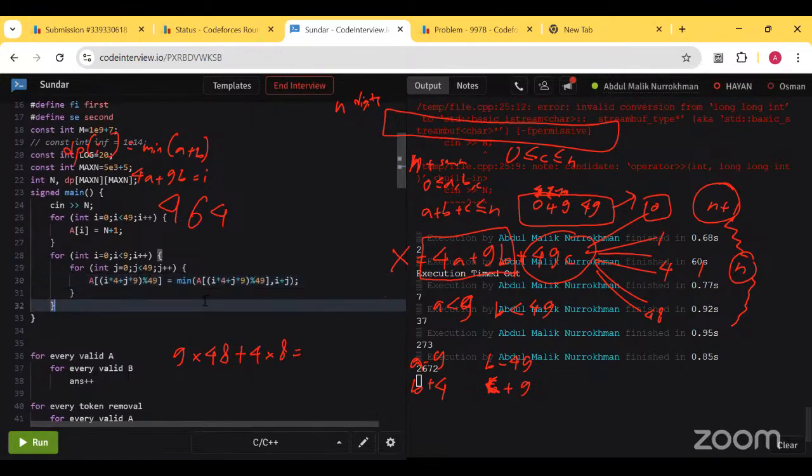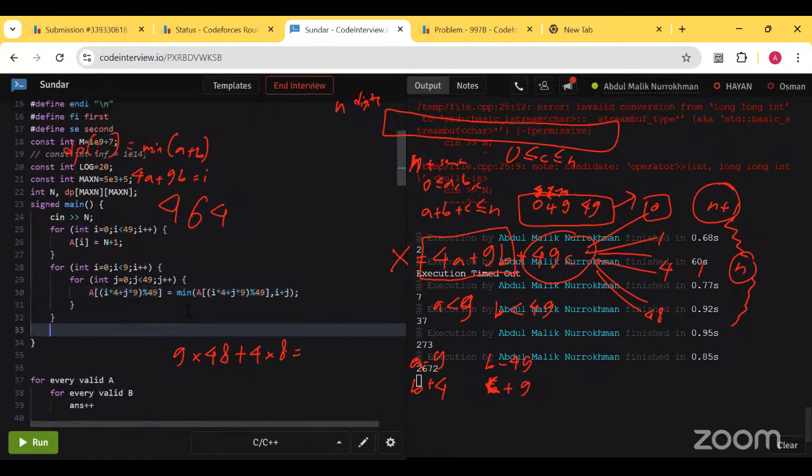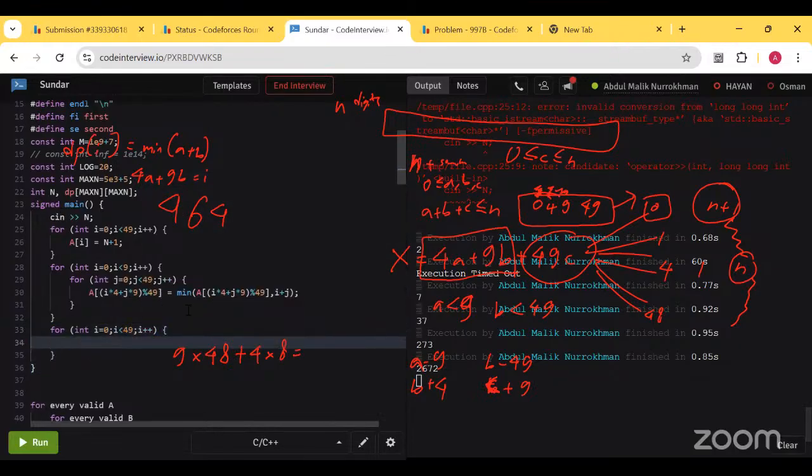Alright. Finally, we just need to do this: answer plus n minus a[i] plus 1. Is it correct?